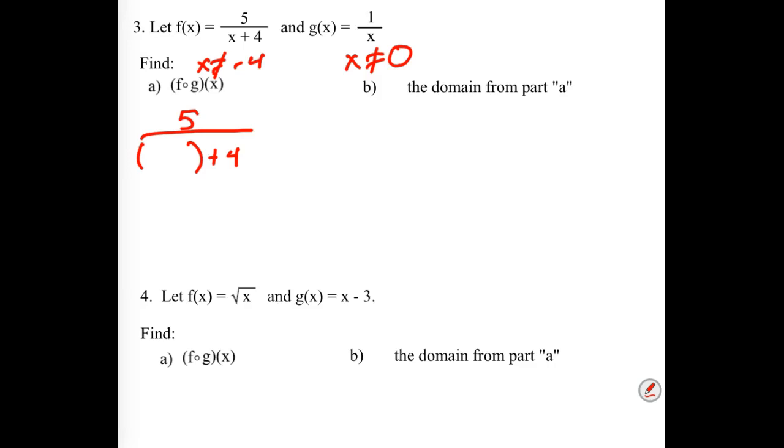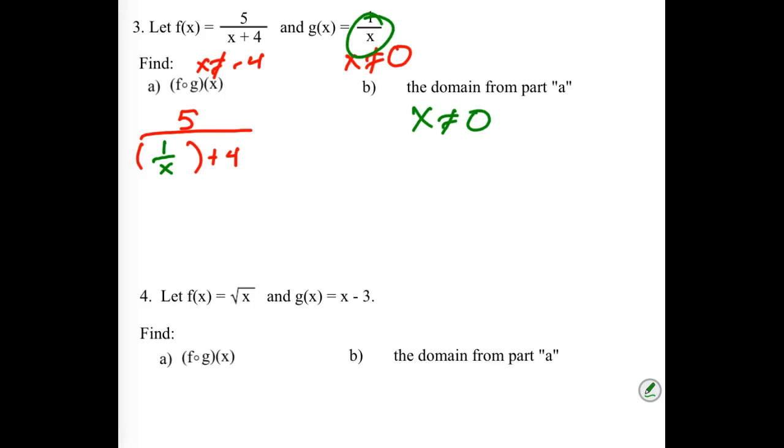So I'm starting with function f, and inside I'm going to dump what? I'm going to dump in that 1 over x. I'm going to dump in my second function here. Okay, now, what are the restrictions that we have on the function we just dumped in, that inside function? Can't be 0. Okay, x cannot equal 0.